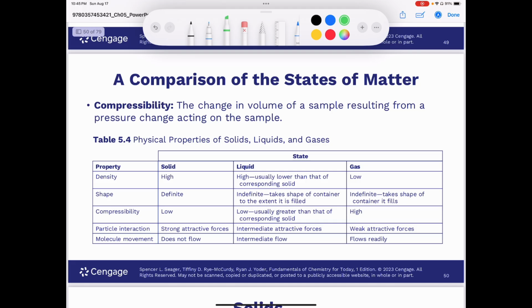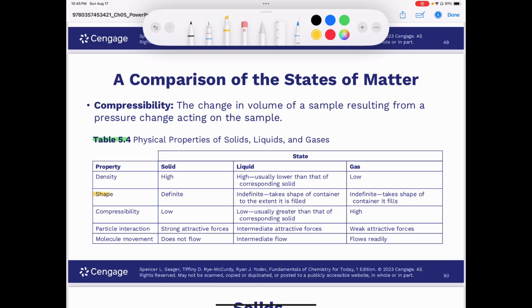Before we get into all of these, let's take a look at table 5.4. You see the different properties here: density, shape, compressibility, particle interaction, molecule movement. Let's just start with shape.